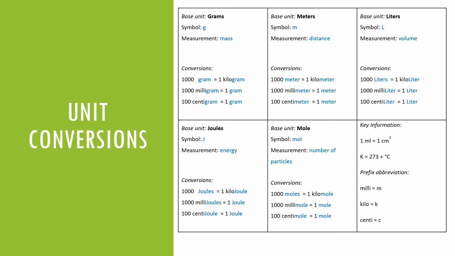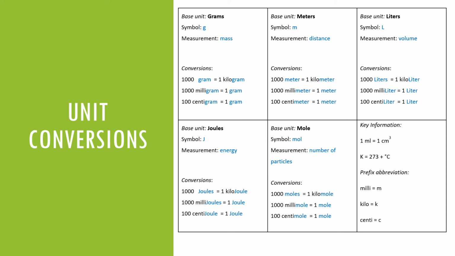We also use centi, mostly just with meters, like a centimeter, but centi means 100 times smaller than your base unit. So it doesn't really matter what base unit we're talking about, the relationships are always the same. If it's kilo, it's 1,000 times bigger than your base unit. If it's milli, it's 1,000 times smaller than your base unit. And if it's centi, then it's 100 times smaller than your base unit.